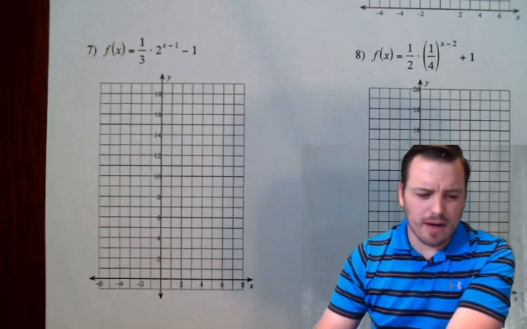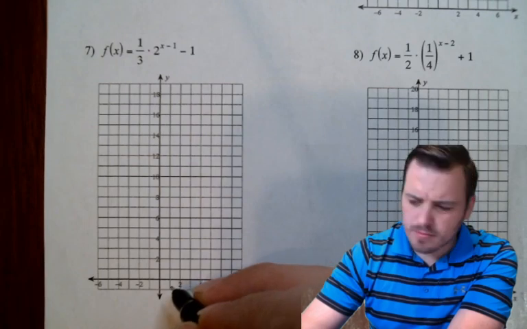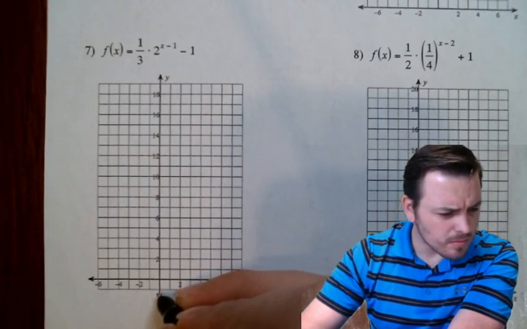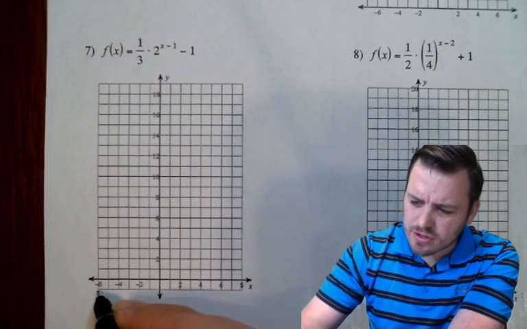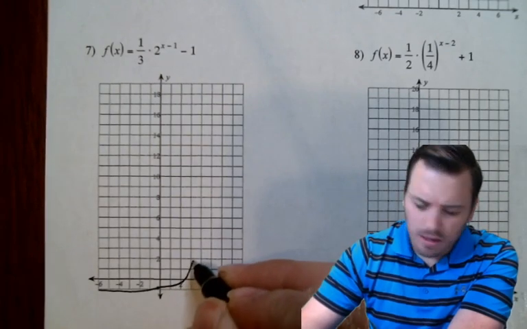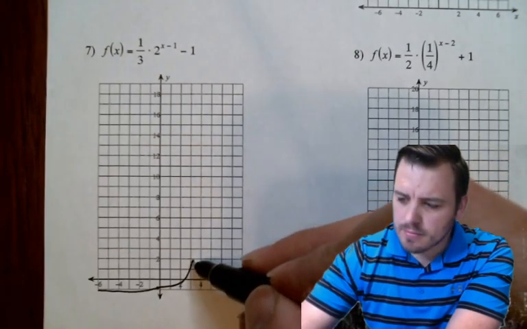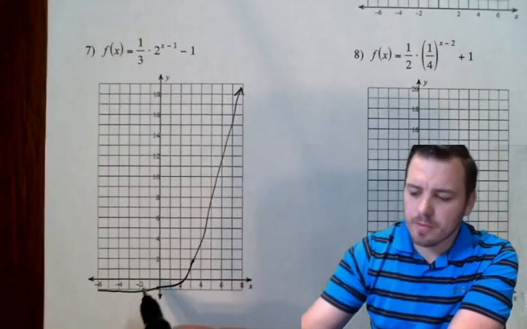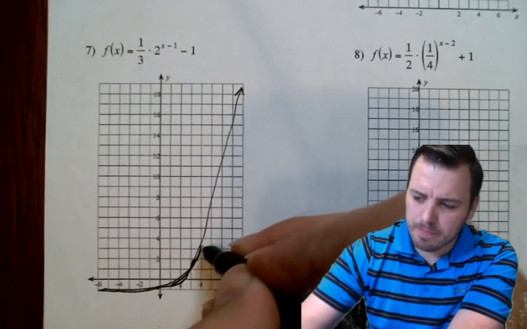So it should be a graph that looks something like this. Of course, more smooth than what I just did, but you get it.